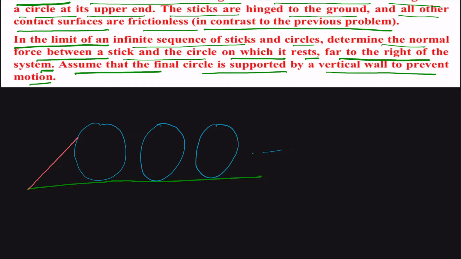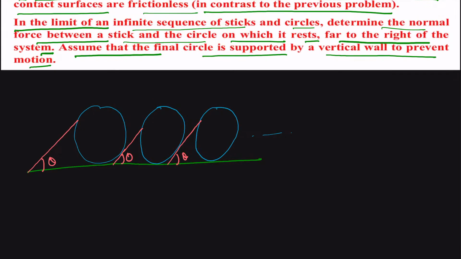So this is the first stick, and there is a second stick. The second stick touches the first one and then acts as a tangent to the second circle. Similarly for the next part also, and the angle between them is theta. Please remember all these sticks are of the same length. The figure is not to scale, but all these sticks are of the same length, and each circle has radius r.